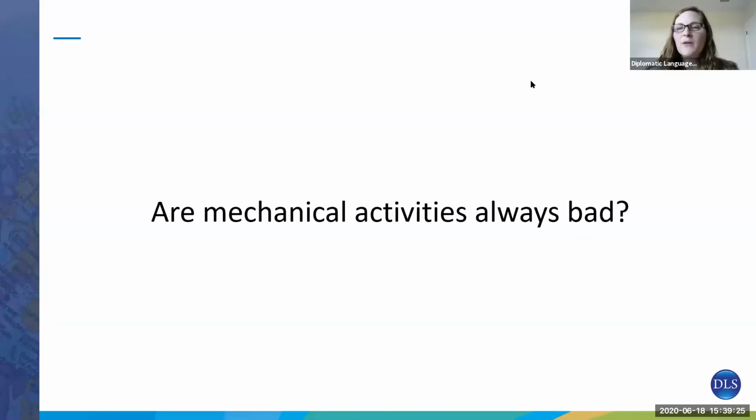So Tamara, you say it depends on the student. Any other thoughts about whether mechanical activities are always bad? Marcella says no, they're not always bad. Tiga says perhaps in the beginning. Would either of you like to expand on your comment?